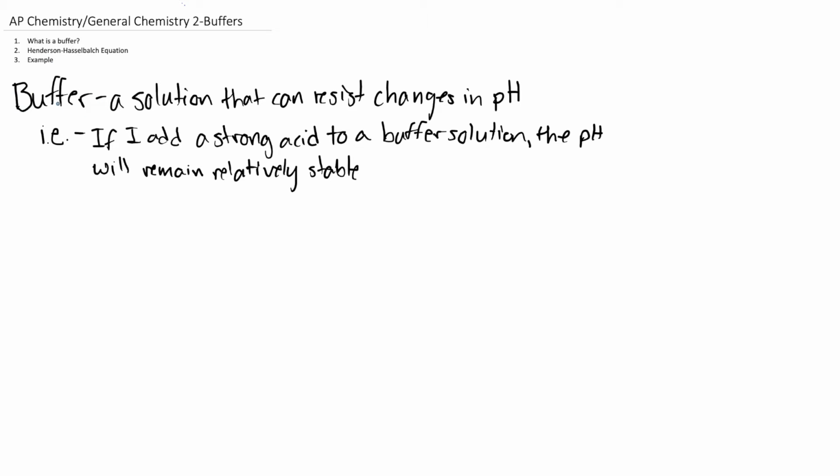So what exactly is a buffer? Well, a buffer is a solution that can resist changes in pH. So if I add a strong acid to a buffer solution, the pH will remain relatively stable. What I mean by that is if I take a strong acid, let's say hydrochloric acid, and add it to water, the pH is going to significantly decrease.